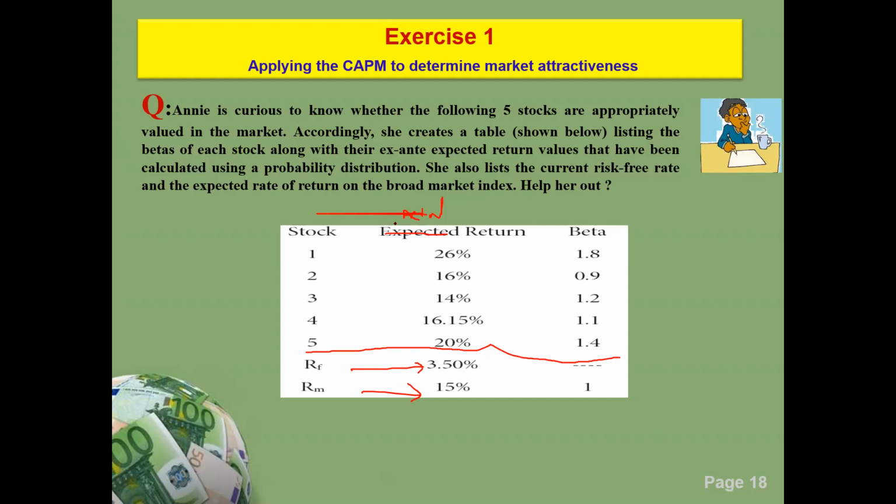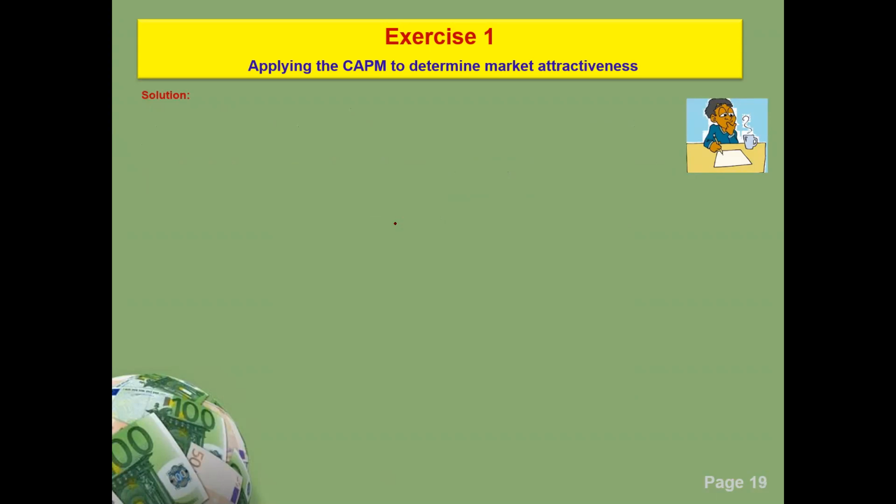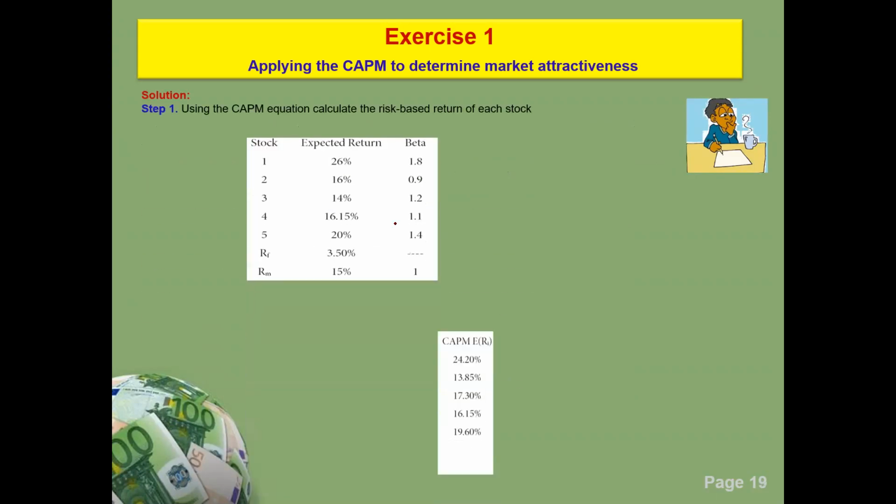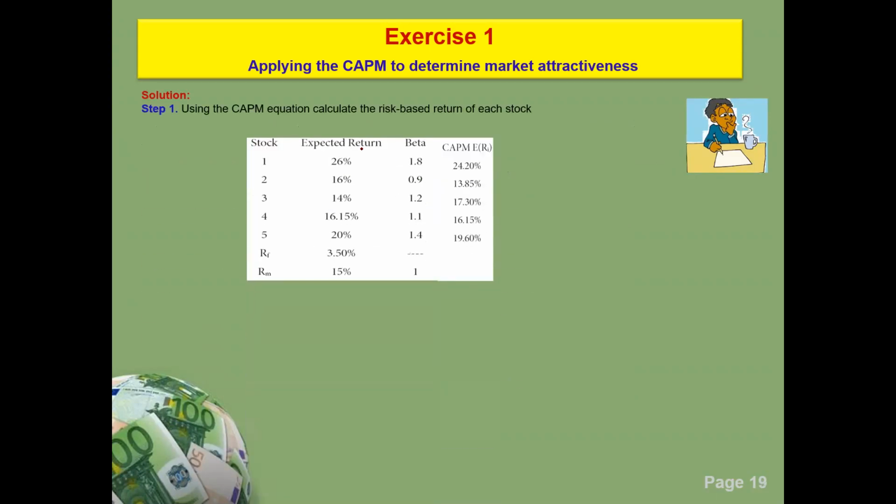In order to know which stock is overpriced and underpriced, we calculate the CAPM of all the stocks. This is actual, for your simplicity, and this is the CAPM-based expected return. So we can see which stock is overpriced and underpriced. Stock number 1, actual return is 26, CAPM return is 24.